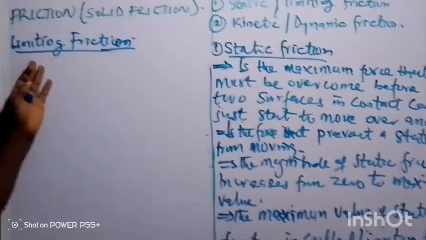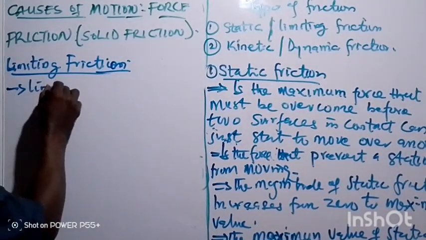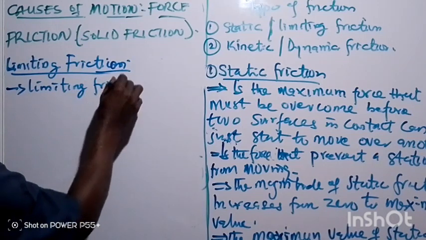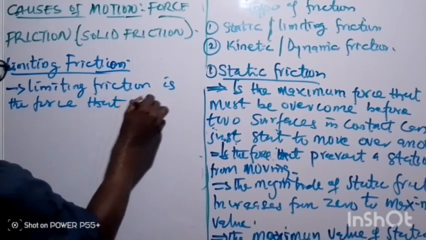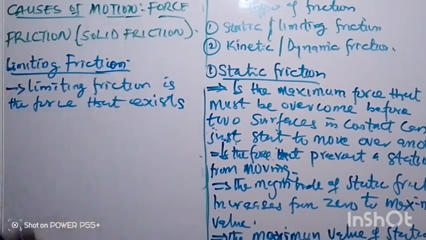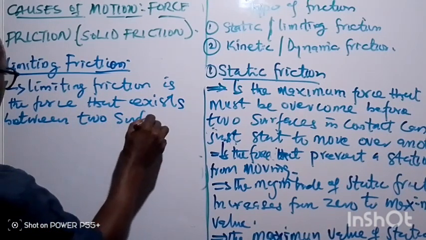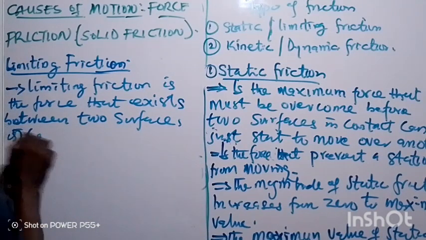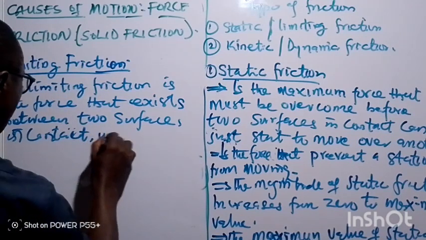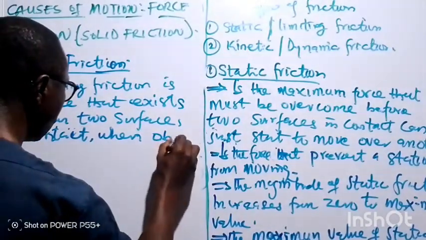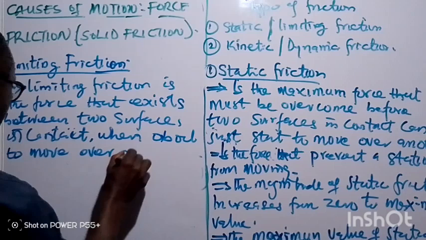Now, let's define limiting friction also. Limiting friction is the force that exists between two surfaces in contact when they are about to move over one another.